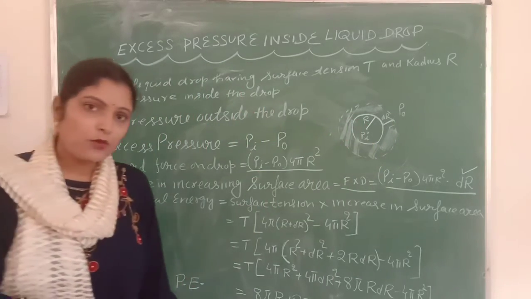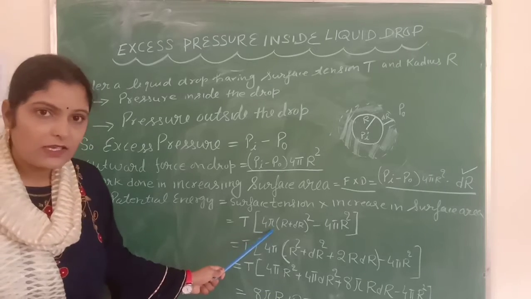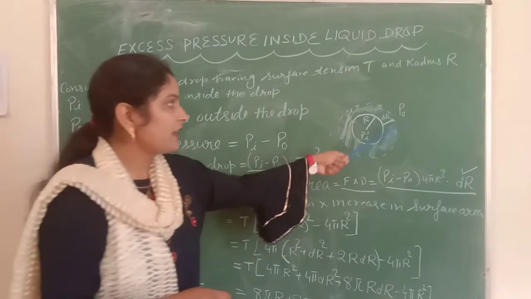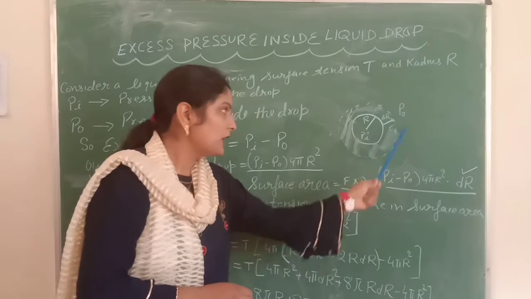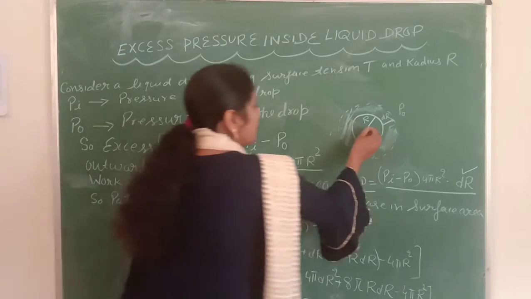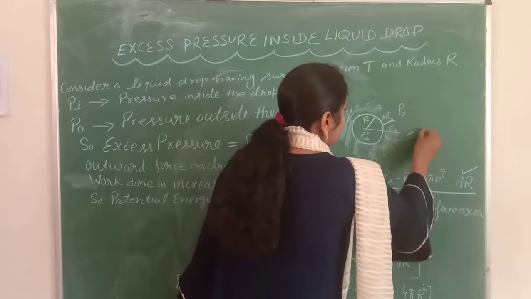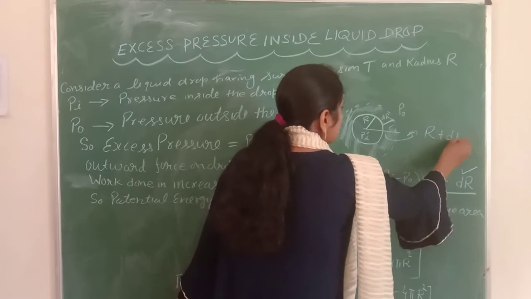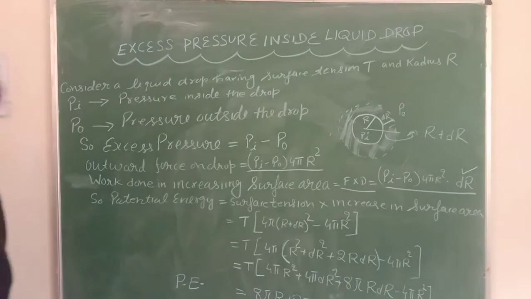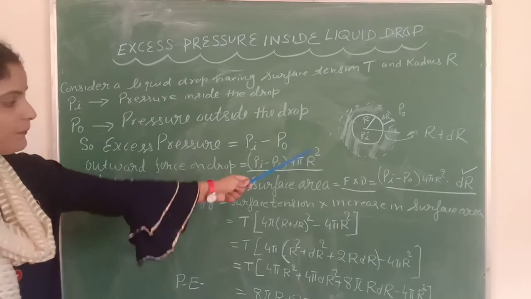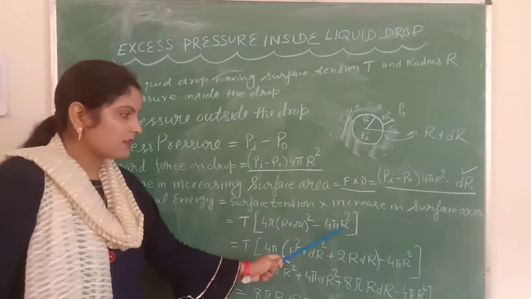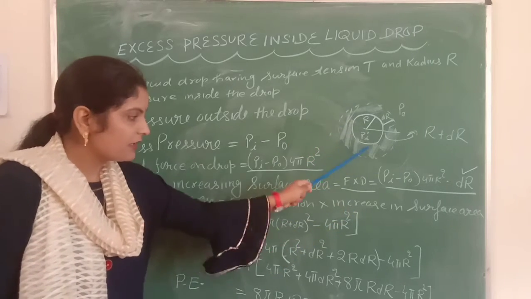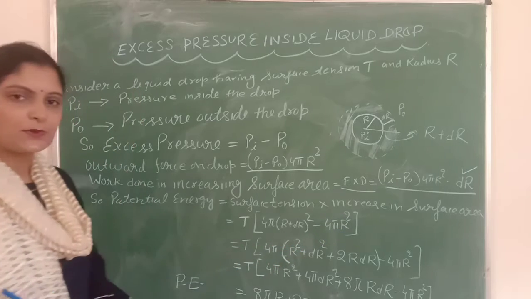What is the area of the outer sphere? 4 pi radius square. Now what is the radius of the outer sphere? Inside R, outside dr. So the total radius, from here to here, is R plus dr. So this is 4 pi (R plus dr) whole square minus the area of the inner sphere, 4 pi R square.